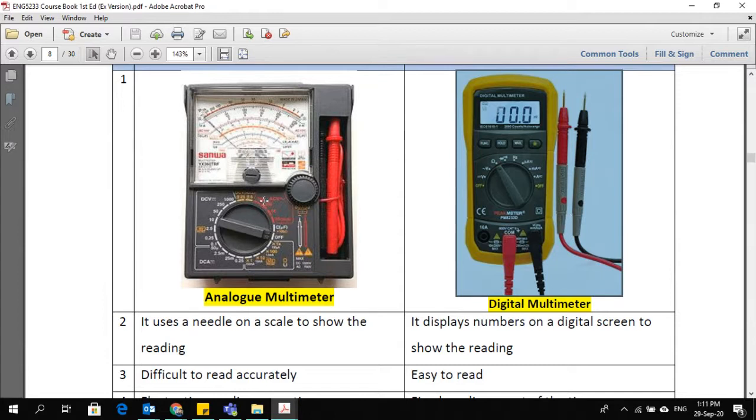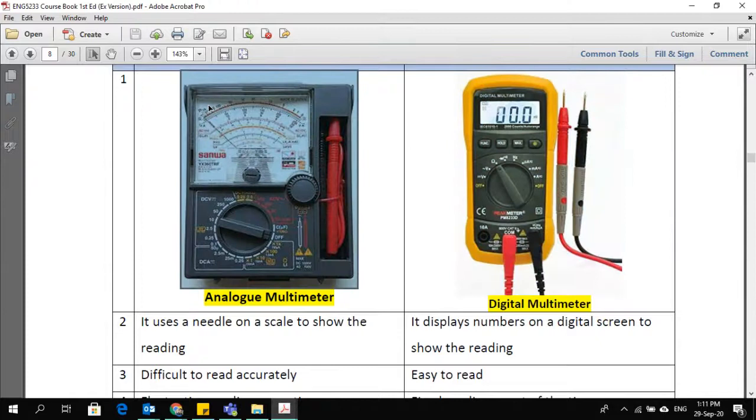Analog, on the other hand, overall looks a little bit big, but the main difference you will notice is the screen. It's not a screen actually on the analog multimeter. There is a scale given, and you will see there is not one scale. There are many scales, so many different curves.